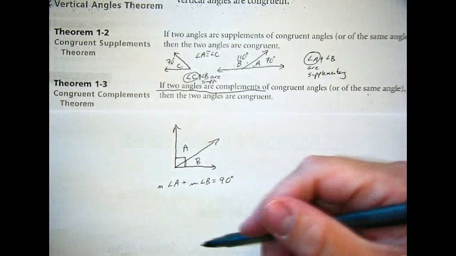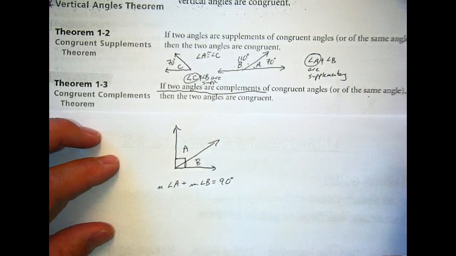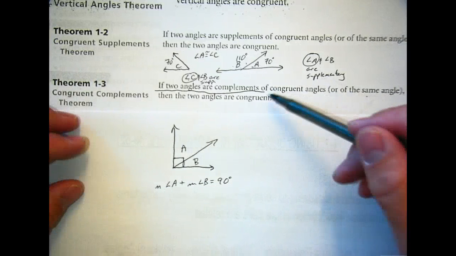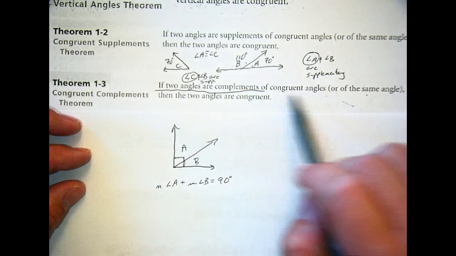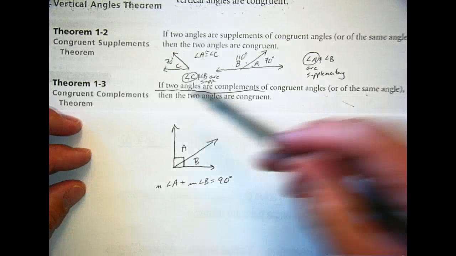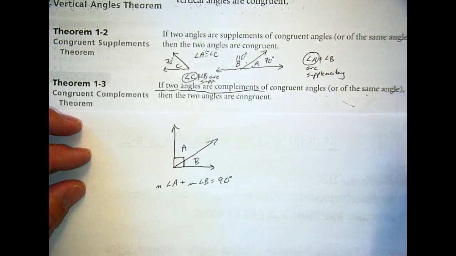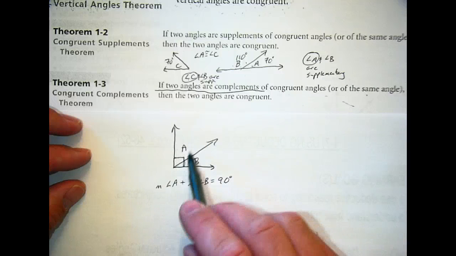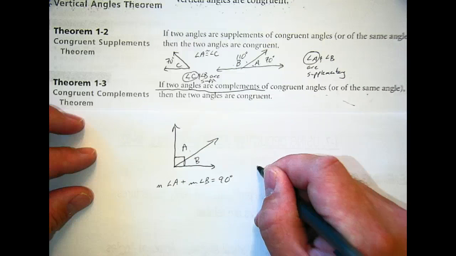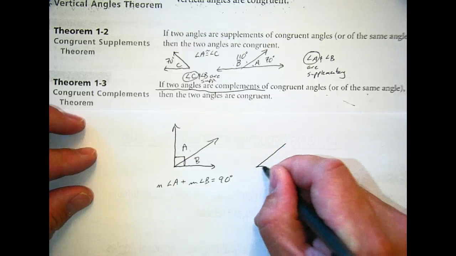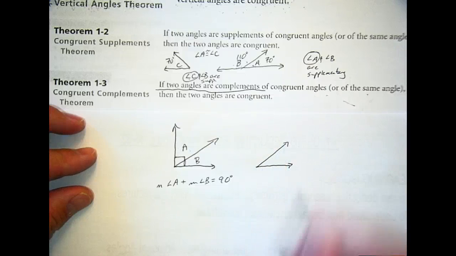So from there, it says if two angles are complements of congruent angles or of the same angles, then the two angles are congruent. Well, if I want to make another angle here, what are we going to call that angle?